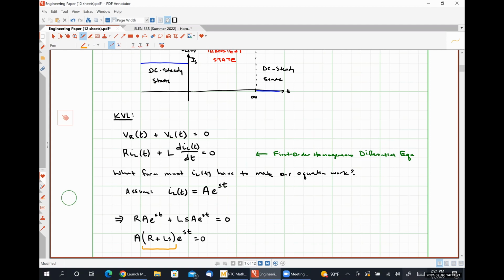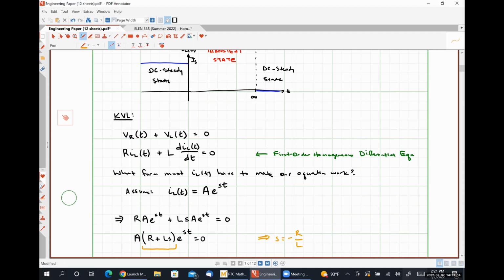By inspection, we can see that S needs to be negative R over L. When S is exactly equal to negative R over L, our characteristic equation that I've underlined in orange is 0, and therefore our whole equation is equal to 0.